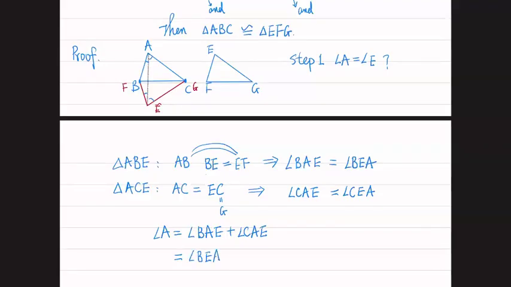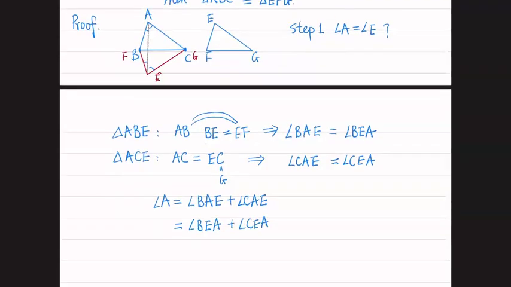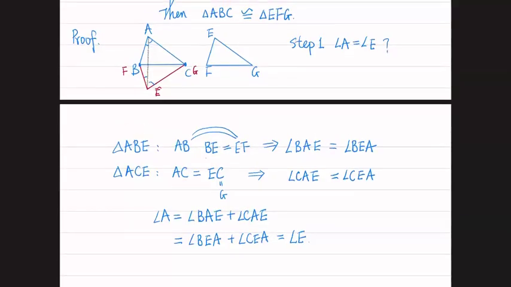CAE, CEA, same measures. Now, the summation of these two angles gives us angle E. Okay, so we verified one pair of the angles are the same.